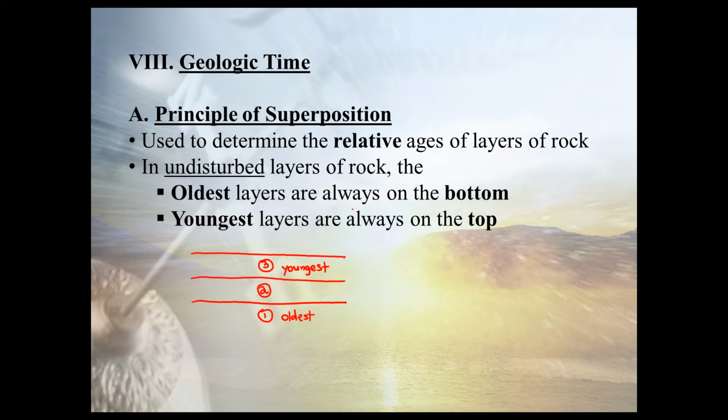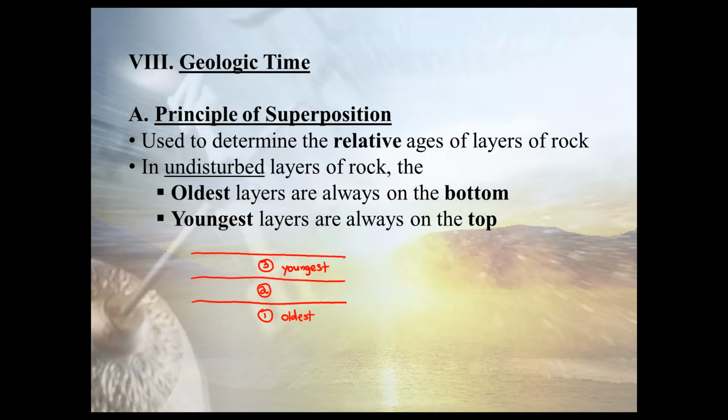For example, if I was to compare my age to your age, my age would be, relatively speaking, older than your age. That doesn't tell us how old I am or how old you are, but at least gives us an indication as to who is older. And that's what our principle of superposition tells us. The youngest layers of rock would be on the top, the oldest layers would be further below.